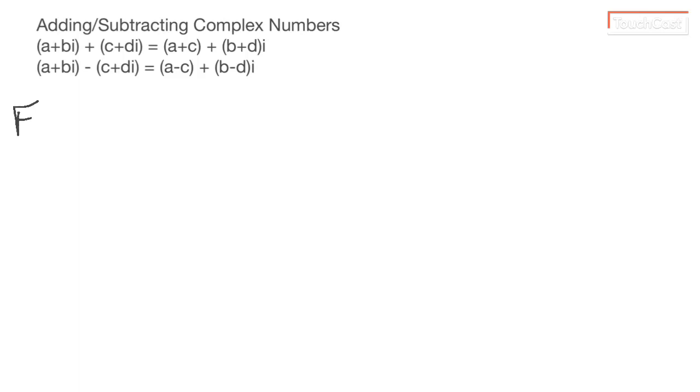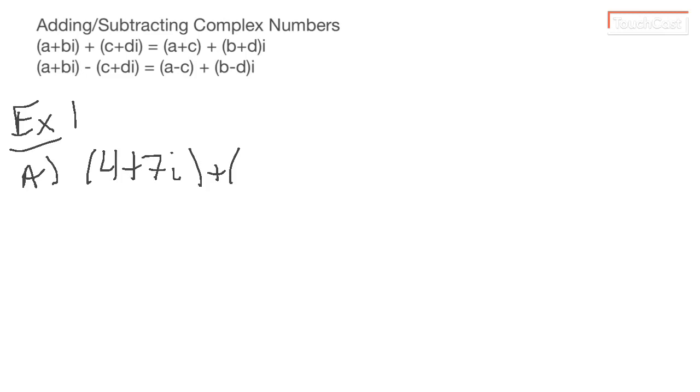So example 1, we'll look at like 4 different complex numbers that utilize addition and subtraction. So 1a, we're going to add 4 plus 7i with 1 minus 6i.